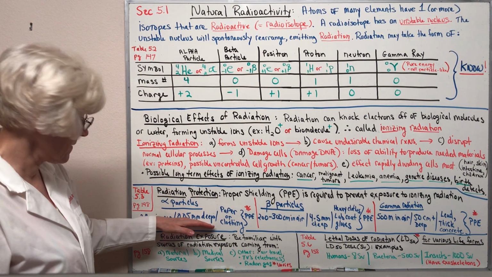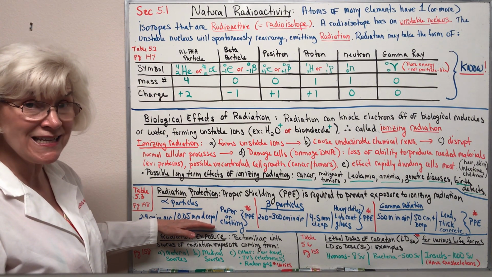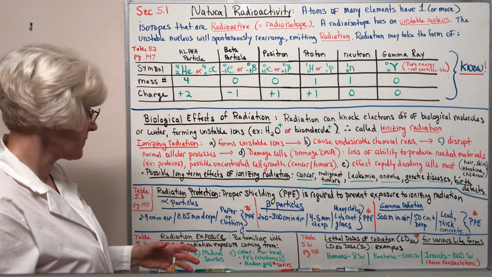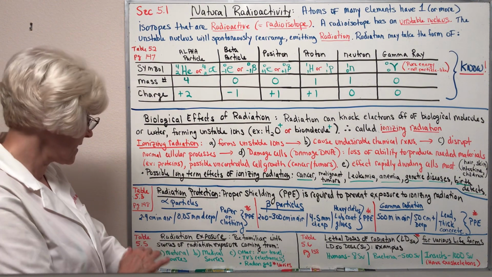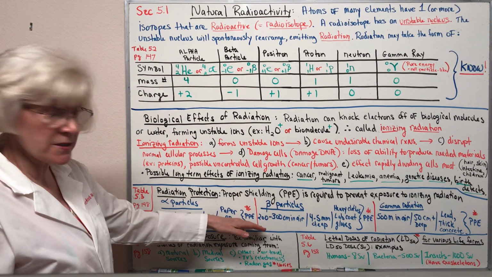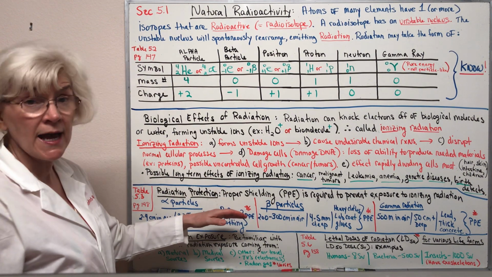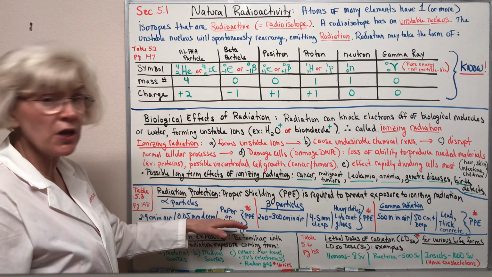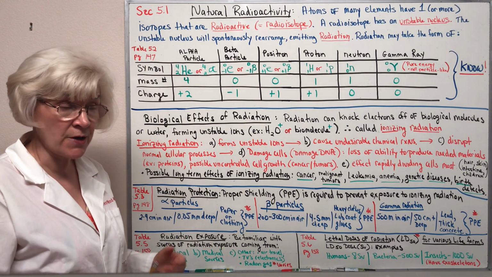They are so massive that they do not penetrate very deeply into tissue, only about 0.05 millimeters deep. So they have a difficult time penetrating deeply into biological tissue. In order to protect yourself from alpha particles, it's actually fairly easy to do that. They can be stopped by paper or by just regular clothing. That prevents alpha particles from being able to penetrate.